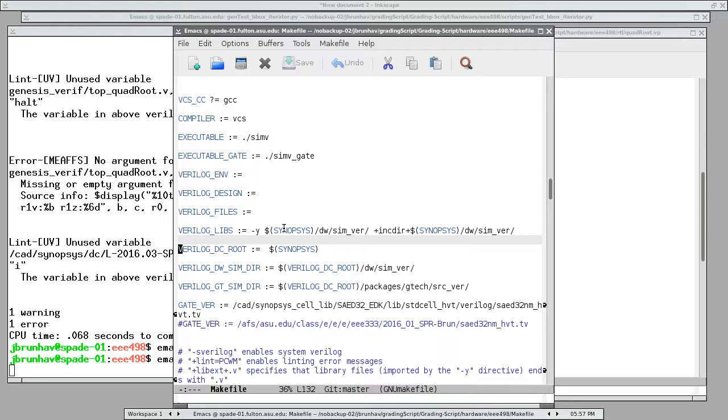It's just the Synopsys root path plus DW plus SimVerilog, and then the plus include directory. I think a combination of these two things finds that directory. I think this should be sufficient to get Designware to run in synthesis too, but we'll see in a bit.